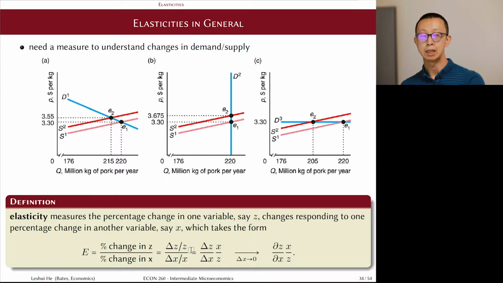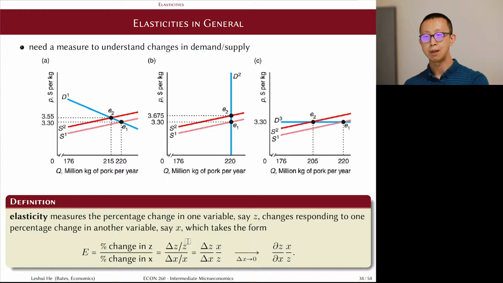Let's say z increased from 100 to 101. Then the change will be 1, and the base level will be 100, and that 1 unit increase will be 1%. And similarly, the percentage change in x can be written as the change in x over the base of x.